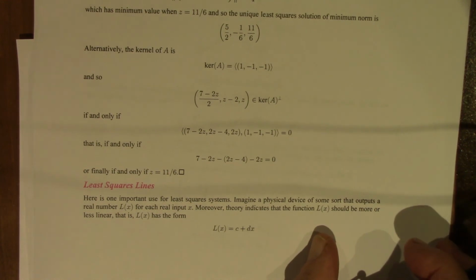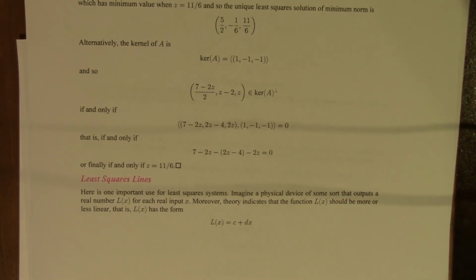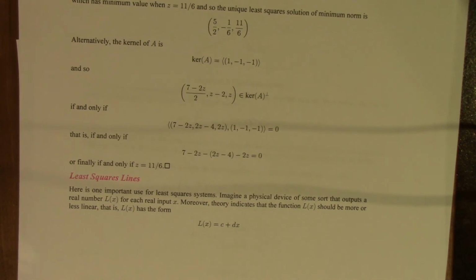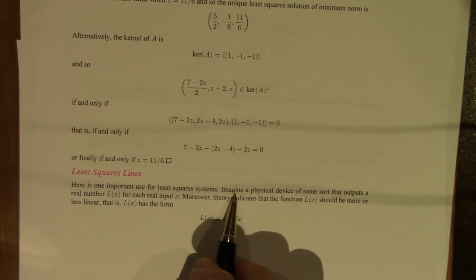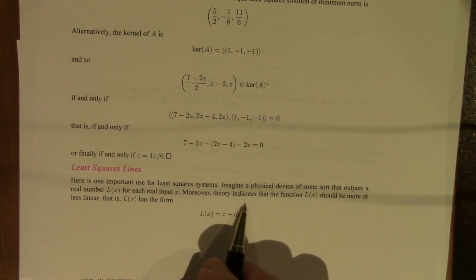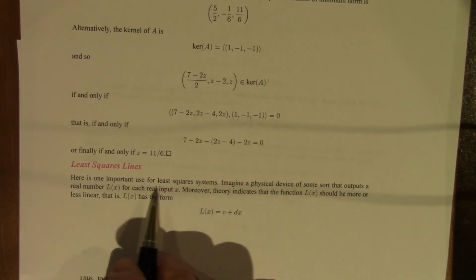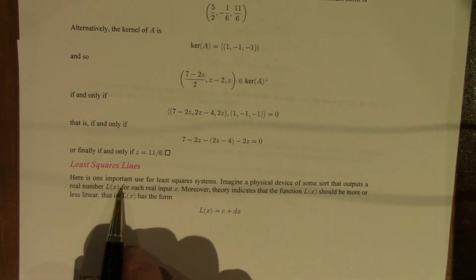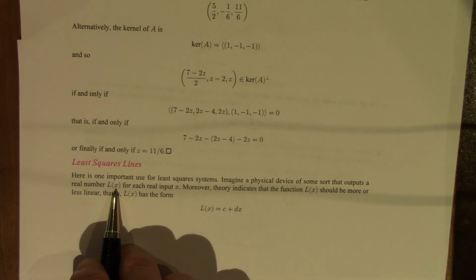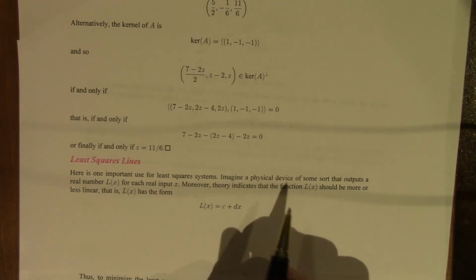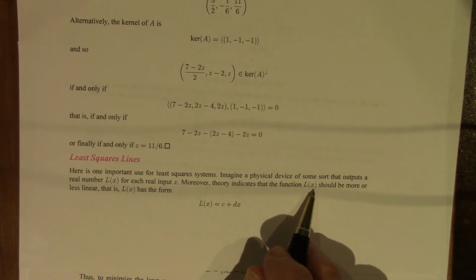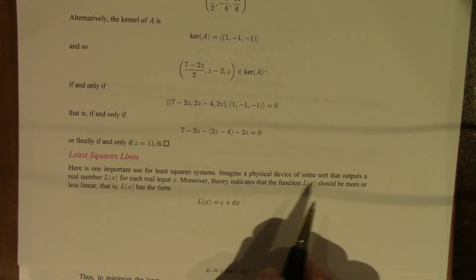Let's consider an important use for least squares systems and least squares solutions. So let's imagine a physical device of some sort. And for each real input x, the device outputs a real number L of x. And suppose that theory indicates that this output function should be more or less linear.